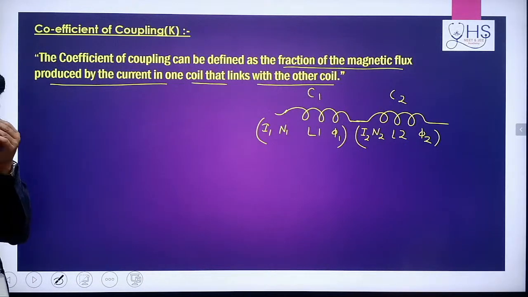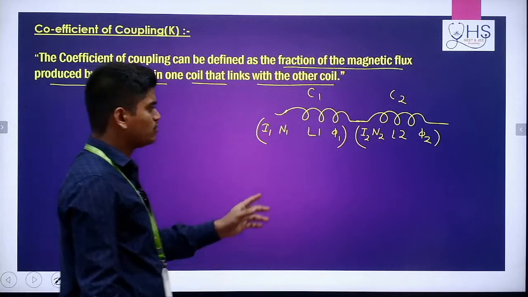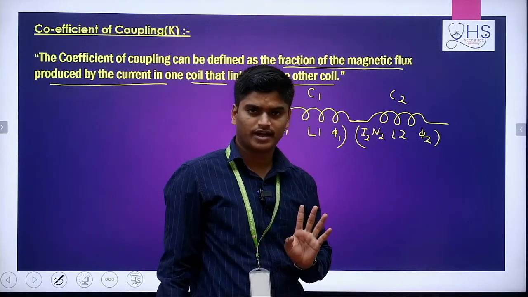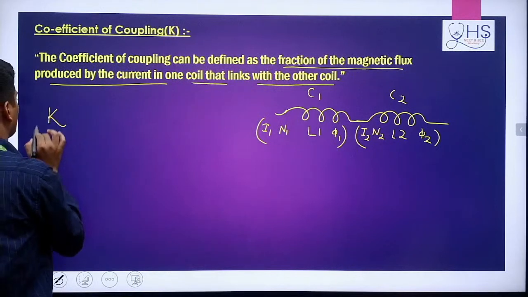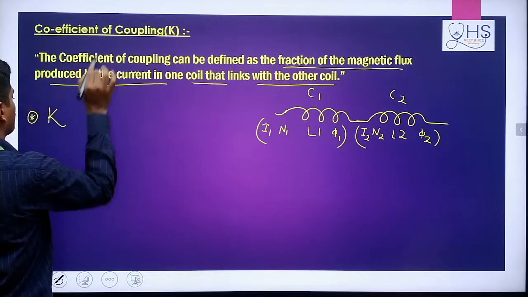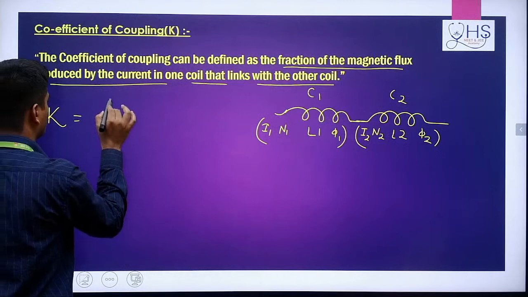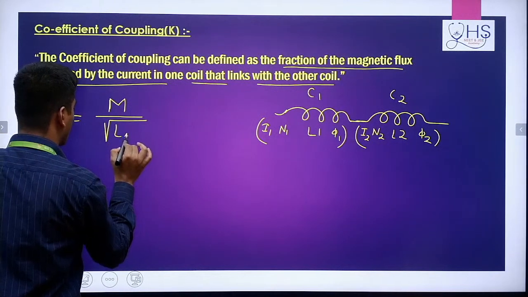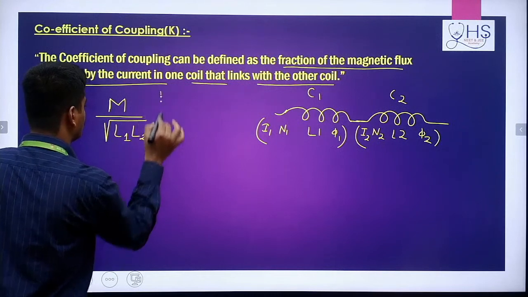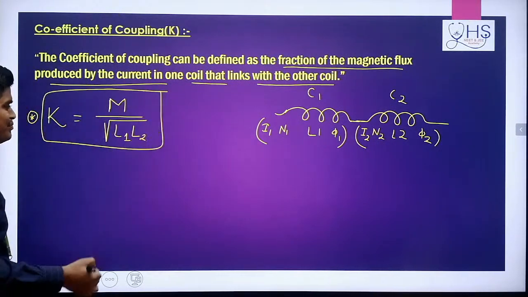But here, in terms of L1, L2 and mutual inductance, we'll see what this K is. The symbol K, the coefficient of coupling, is M divided by root under L1 L2. This is the formula I can remember.